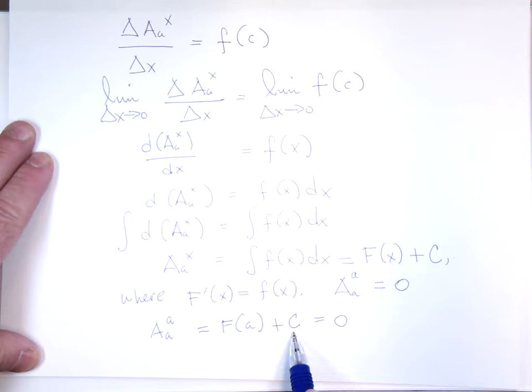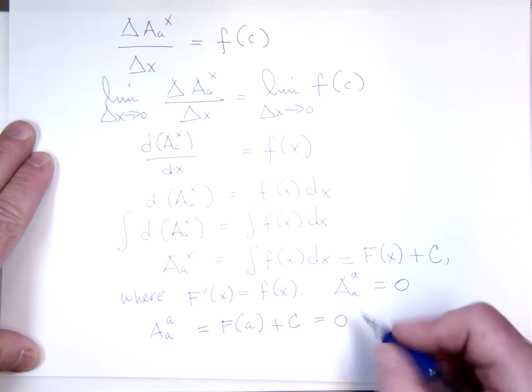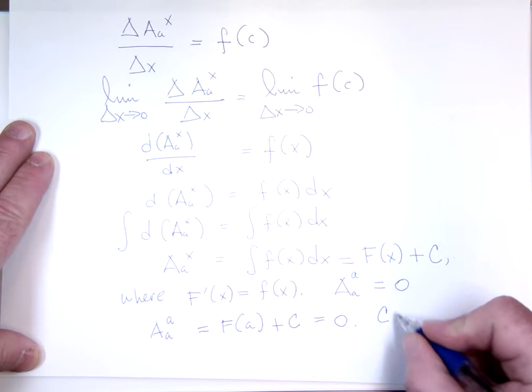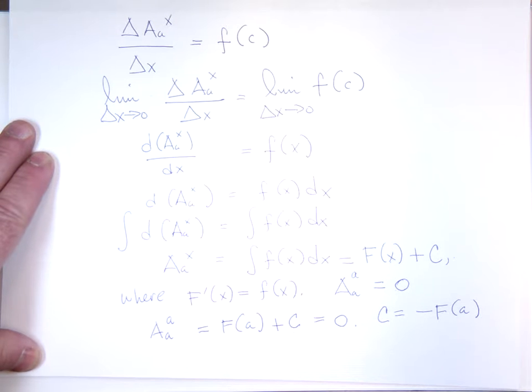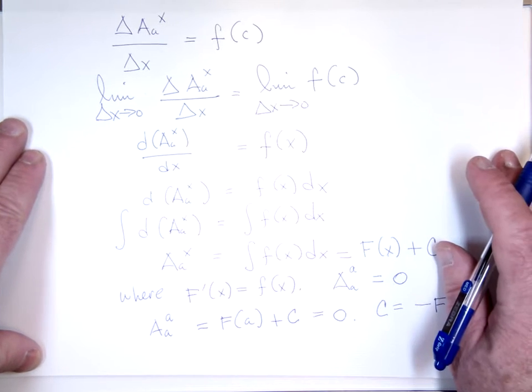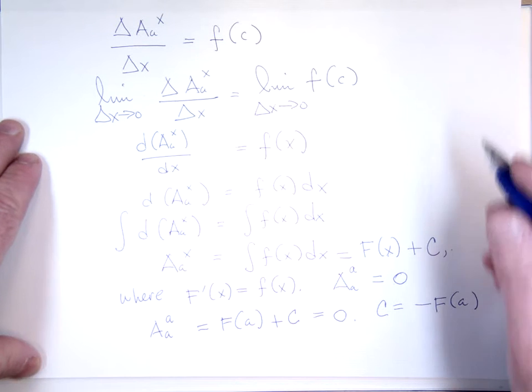This enables me to solve for the constant. This tells me that the constant is equal to the opposite of F of A. Just subtract it. Here's what I have right now. I've got to go to another page.